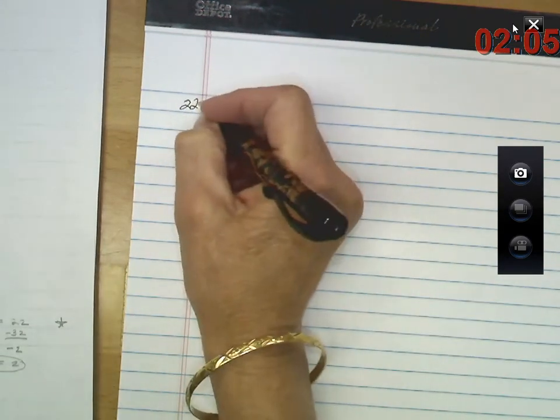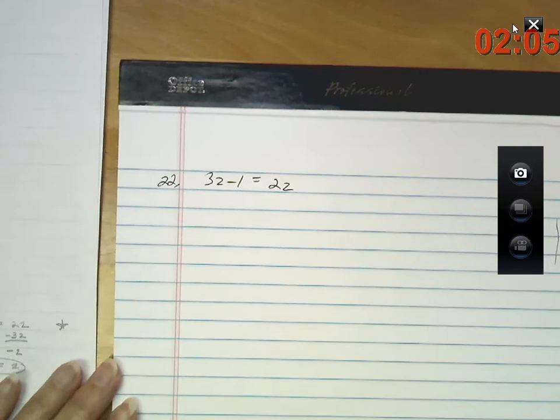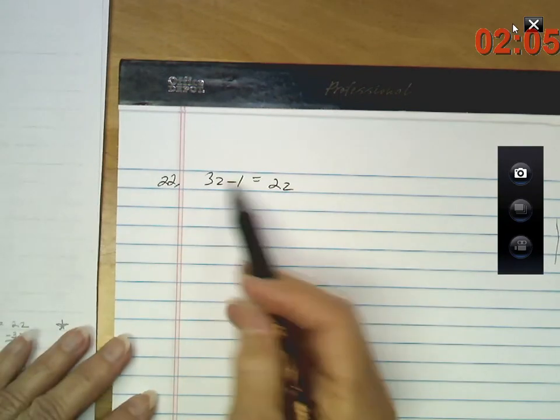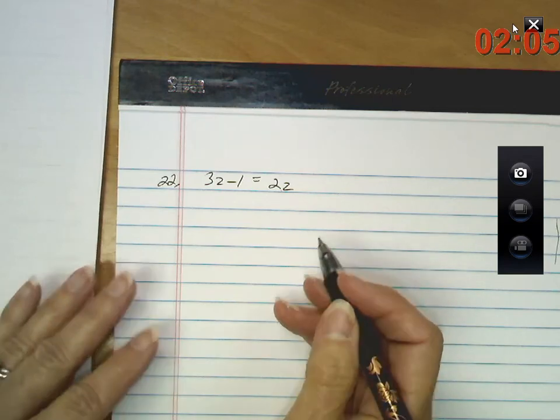Okay, there's a couple of these I wanted to work. Anything before, like number 22, that you need to see worked? Okay, I want to show you 22. 3z minus 1 equals 2z. There are several different ways to do this, but it's confusing because you've got z's on both sides but no numbers.